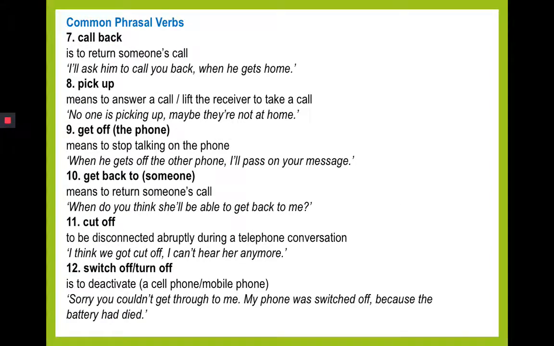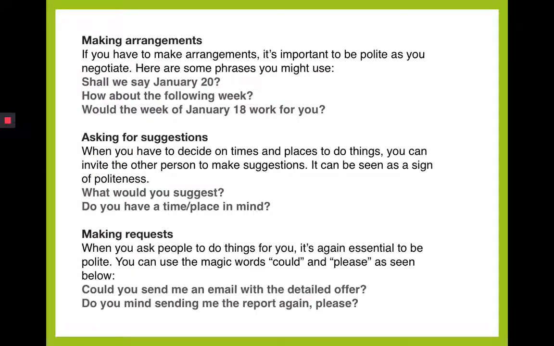Call back, pick up, get off, get back to, cut off, or switch off, or turn off. So you can go through this later on, and practice, in case you need to use these phrases in the future.